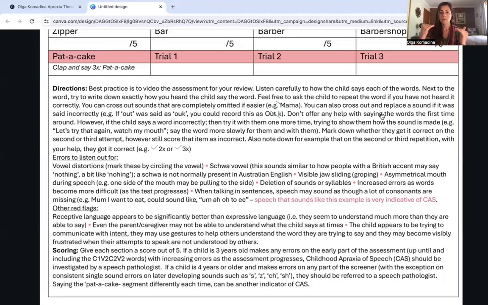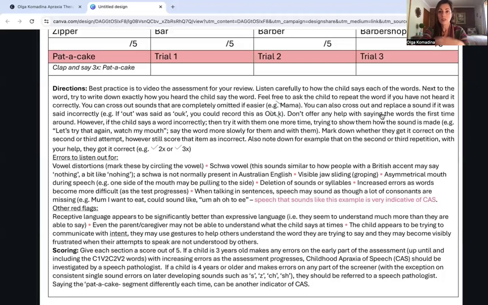Because there's such a big mismatch between often how much they understand and how poorly their expressive communication is coming out, people often don't understand that they have all that language inside and it's just getting jumbled when they go to speak. The way I often explain it to parents is there's nothing wrong with the brain, there's nothing wrong with the speech muscles, it's the message getting from the brain to the speech muscles that is getting jumbled up.